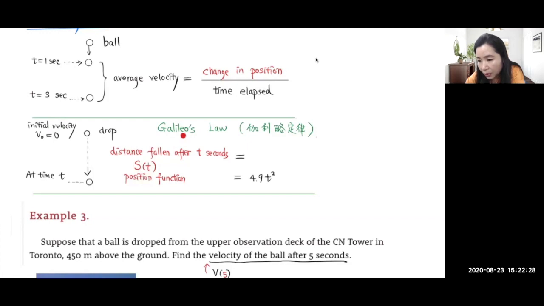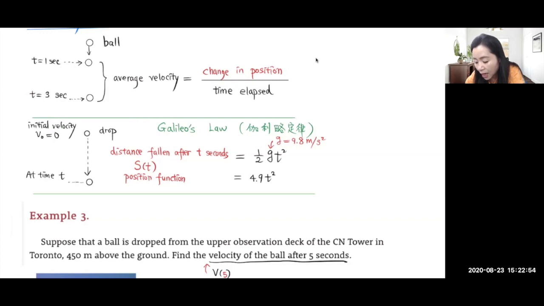Now, Galileo's law says that this distance fallen is equal to 1/2 g t squared, with the g here being the gravitational acceleration, which is 9.8 meters per second squared.